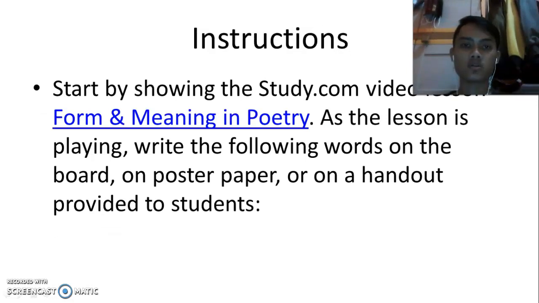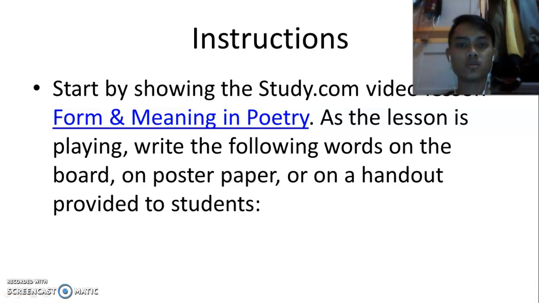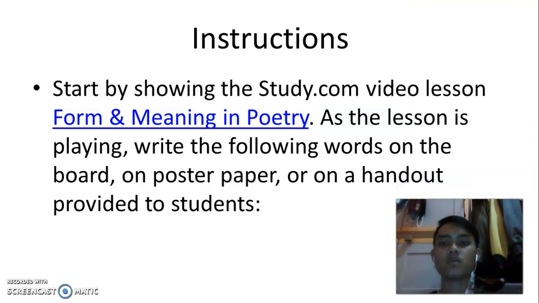And then the instructions. Start by showing the Study.com video lesson, Form and Meaning in Poetry. As the lesson is playing, write the following words on the board, on poster paper, or on a handout provided to the students.